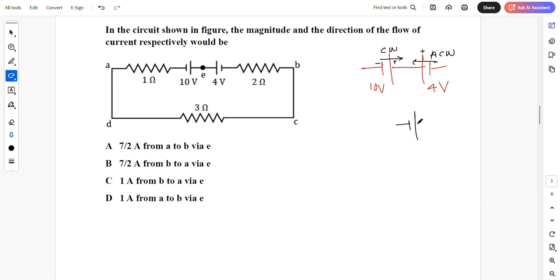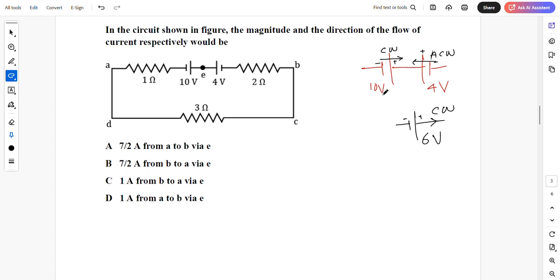Now 10 minus 4 gives 6 volts, so it becomes a 6 volt battery, and the current flows clockwise because the clockwise battery is dominating.